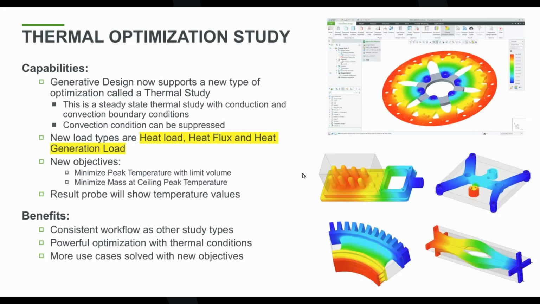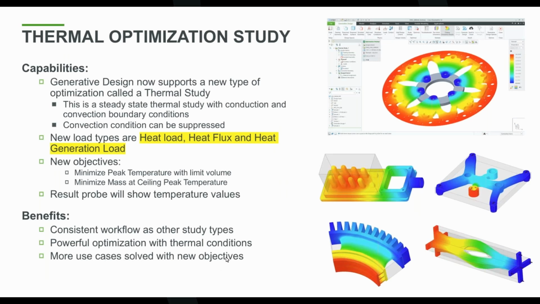So you can now say, in this disc brake, this is my maximum weight, this is the maximum heat that I want to aim for, and it'll go back and look at the designs and come up with the best solution with the requirements that you've put in there. Okay, so the benefits: consistent workflow, powerful optimization, thermal conditions, more use cases solved, and new objectives.